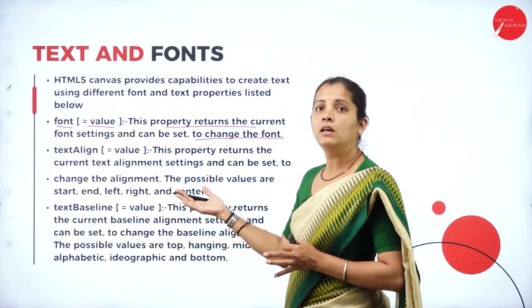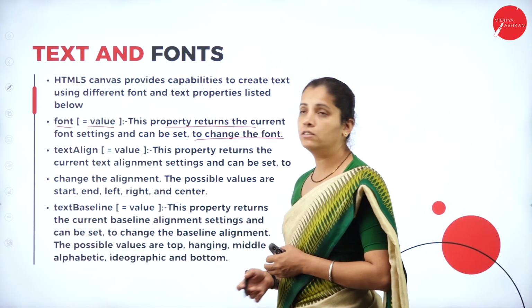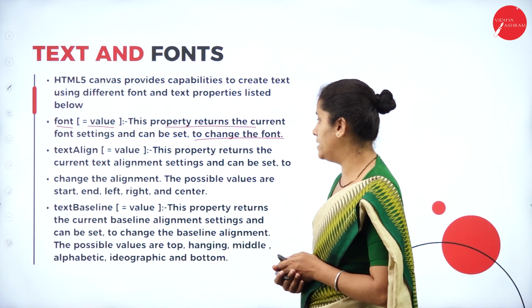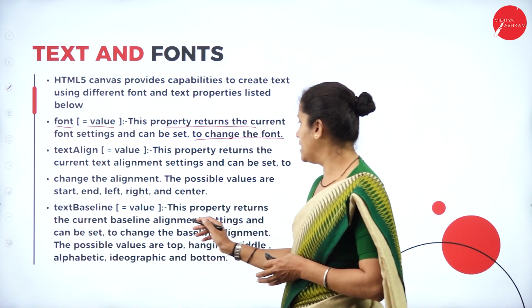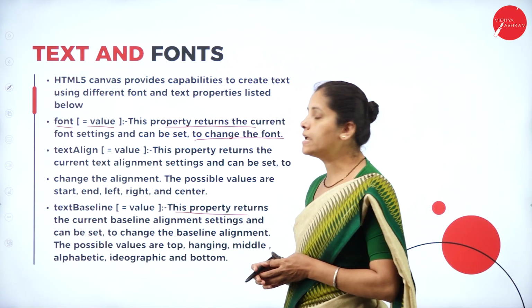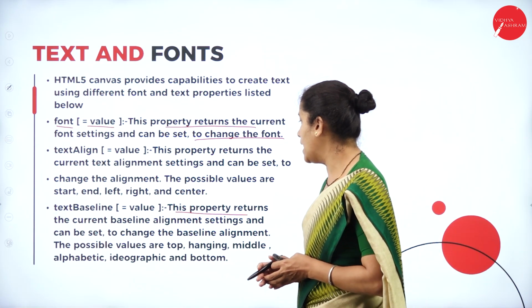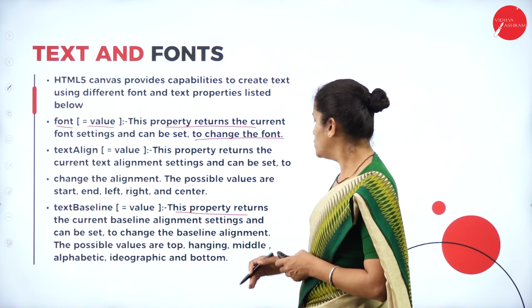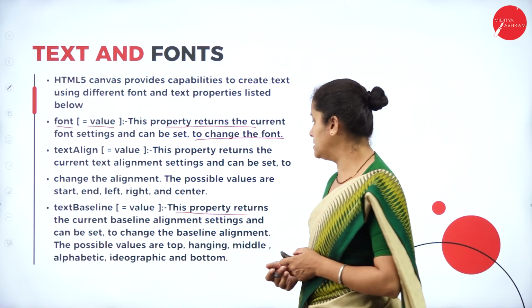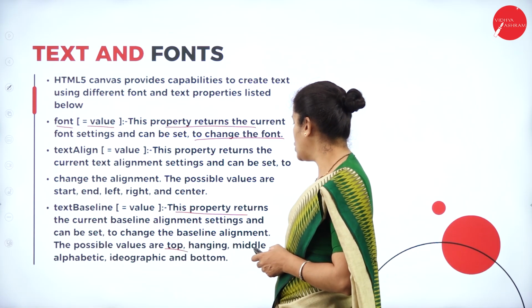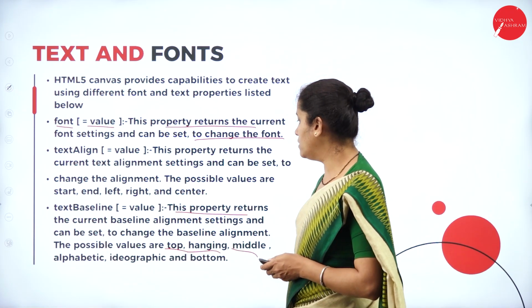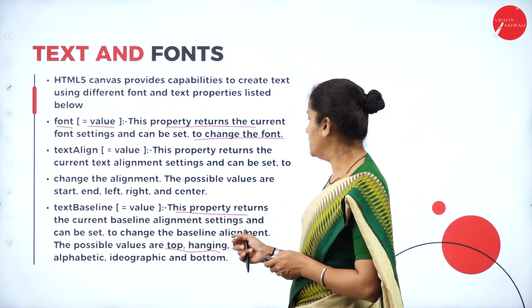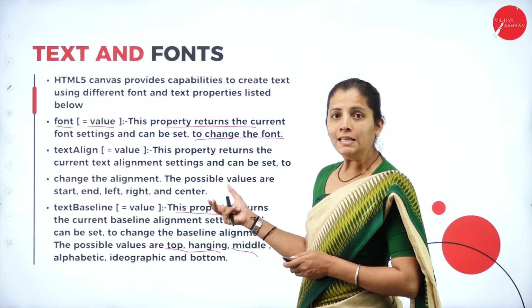Right align, left align, center, start and end. Next, textBaseline. This property returns the current baseline alignment setting. So what are the baseline alignment settings I can have? That is top, hanging, middle, alphabetic. These are some of the text alignment settings.